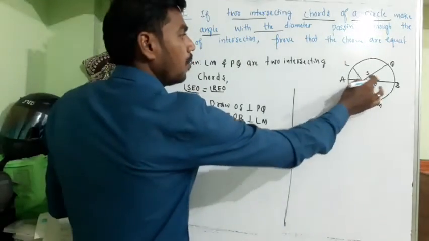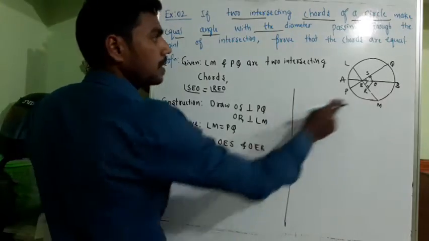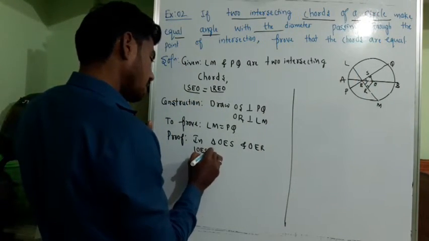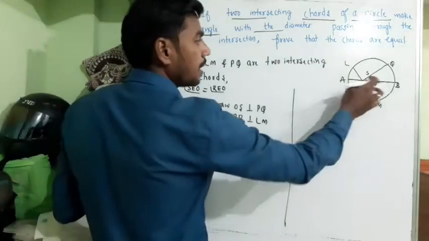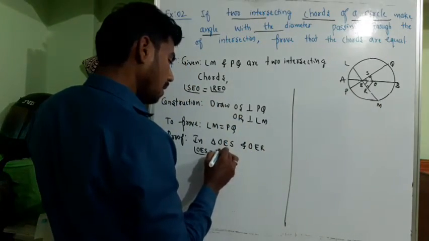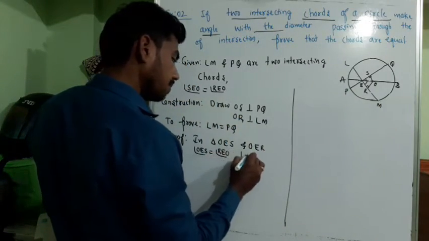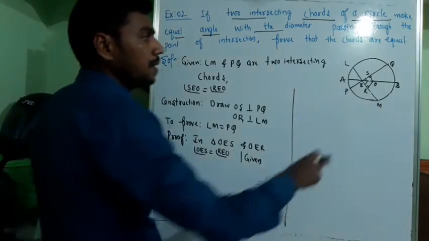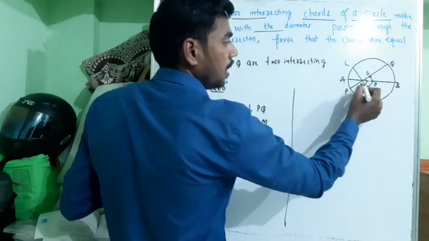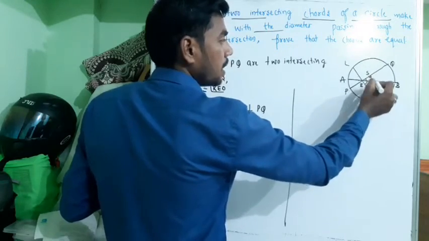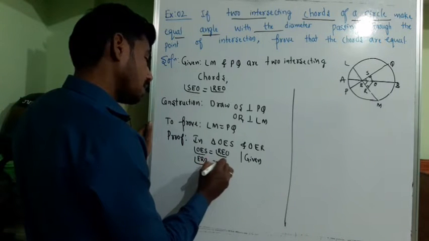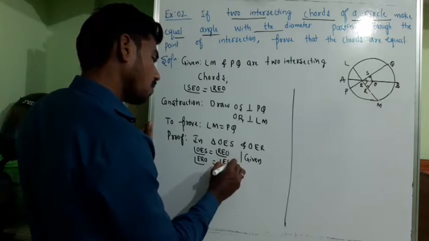Angle OES is equal to angle REO. Why? It is given. Fine. Next, what I can write, angle ERO is equal to angle ESO.